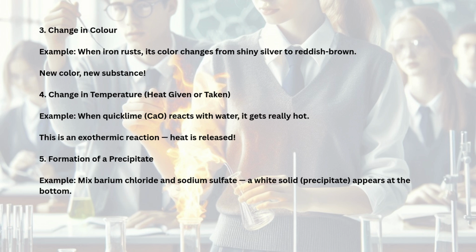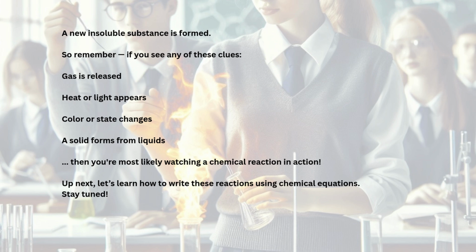This is an exothermic reaction, heat is released. Next, formation of a precipitate. Example, mix barium chloride and sodium sulfate. A white solid precipitate appears at the bottom. A new insoluble substance is formed.